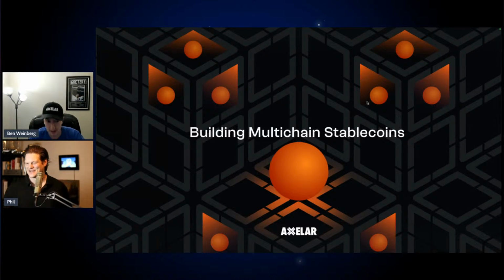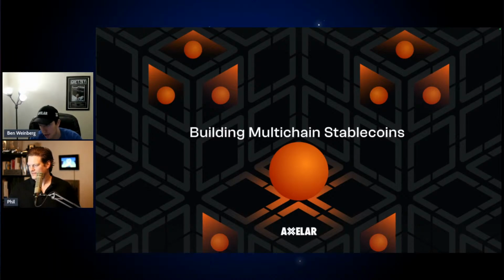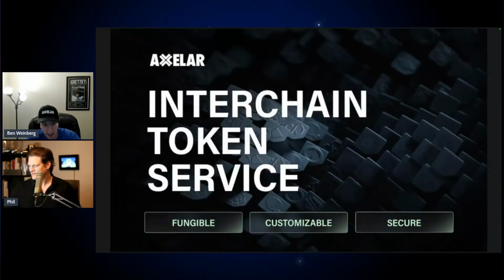So as Phil said, we're today building multi-chain stablecoins powered by Axelar. And specifically, what we're going to be using is a feature that the Axelar team rolled out a number of months ago called Interchain Token Service, otherwise known as ITS. And ITS basically allows you to connect fungible, customizable, and secure tokens. So what does that mean?